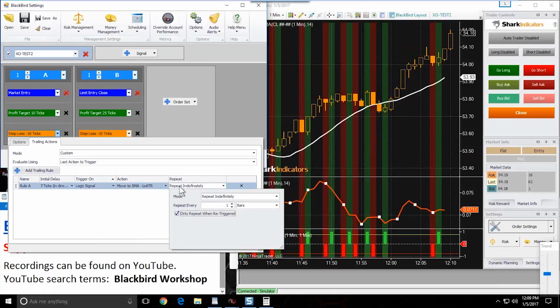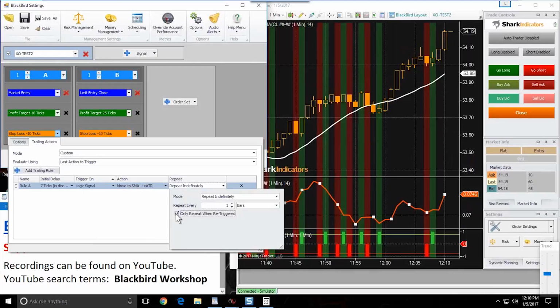Right? So before we can repeat moving the stop loss, we have to get another Bloodhound signal. In other words, the trigger has to trigger again in order for the repeat to happen.